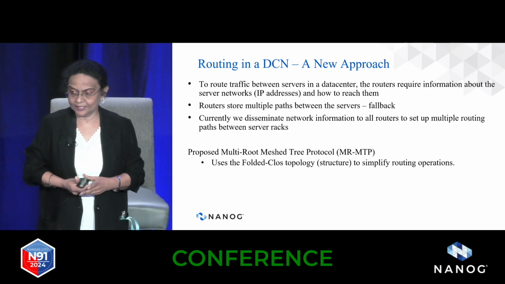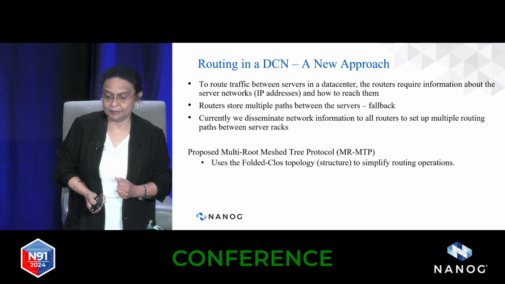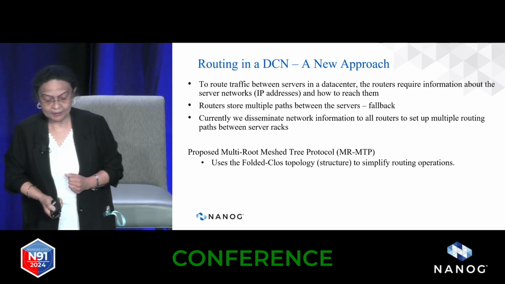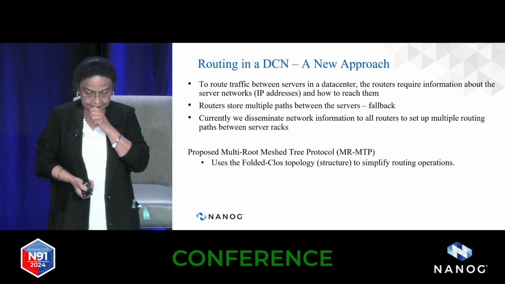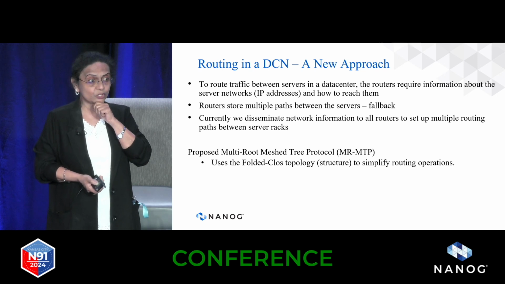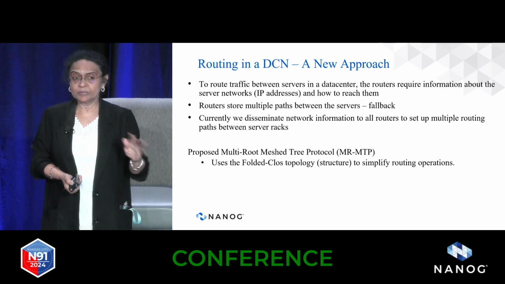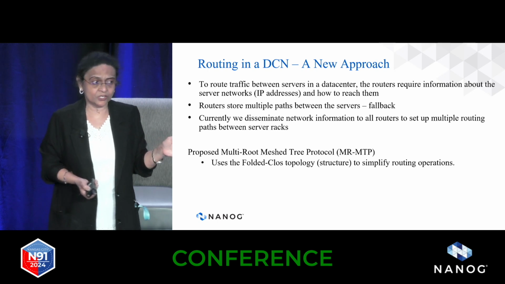During the introduction, they mentioned this mesh tree algorithm, which I've been working on. What this MR-MTP does is use the structure of the Folded-Clos topology to simplify routing considerably.